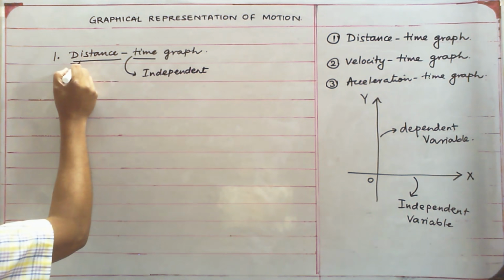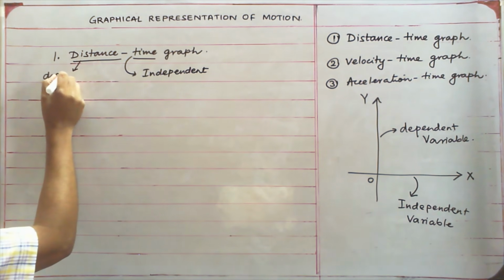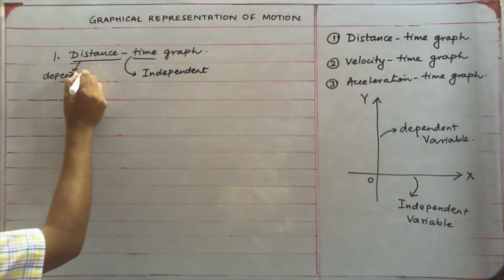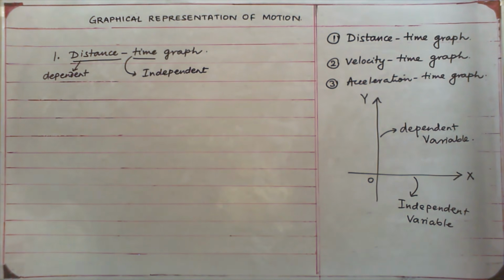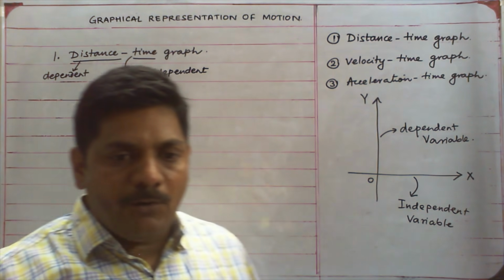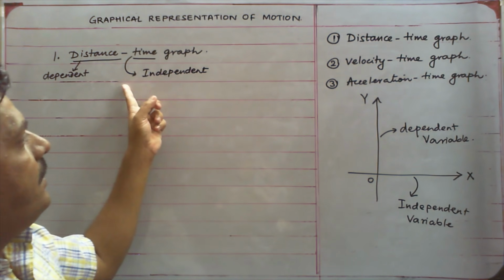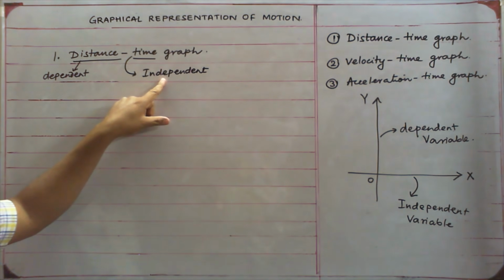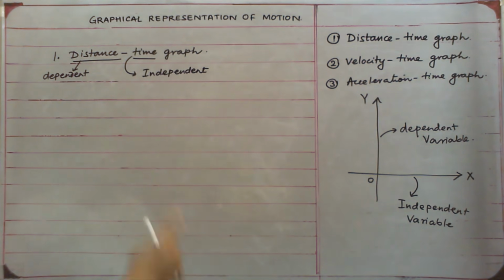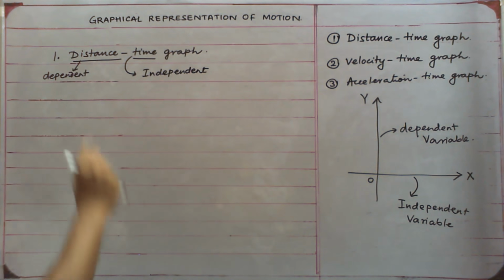So distance is a dependent variable. So whenever we are plotting the distance time graph, we would be taking time on the x-axis and distance along the y-axis.